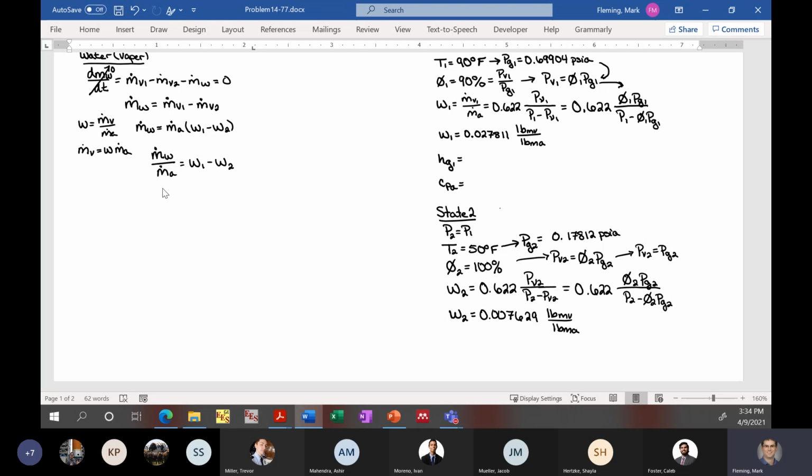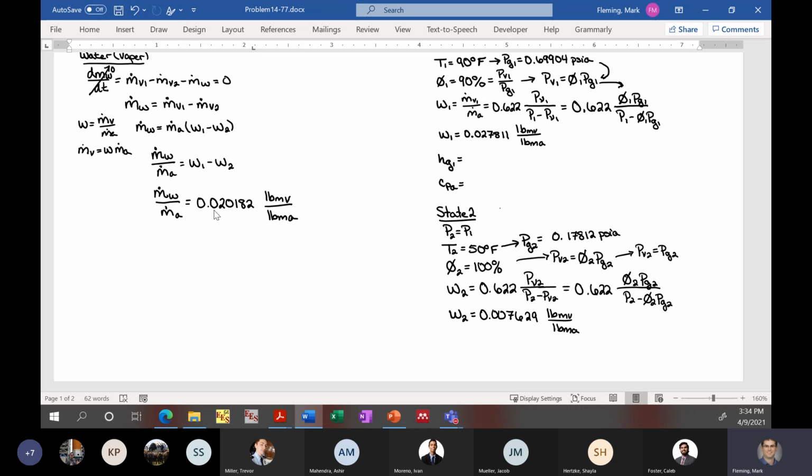When we put this into our calculator, the mass flow rate of water that condenses per mass flow rate of dry air is going to equal 0.02018 pound mass of vapor per pound mass of dry air. Or roughly, there's about 2% of the mass of the dry air that would come out.